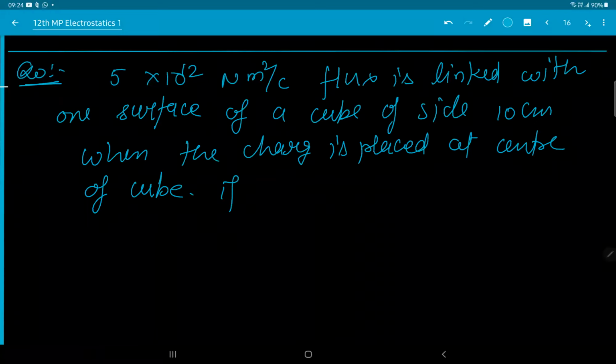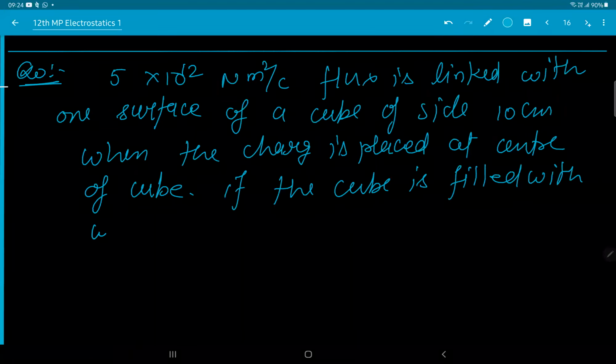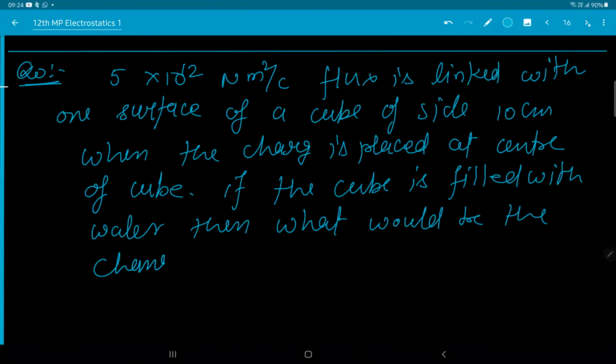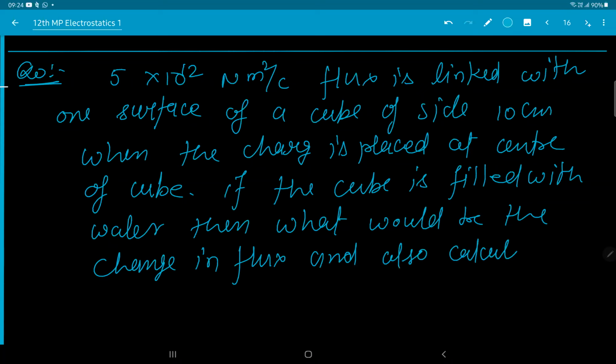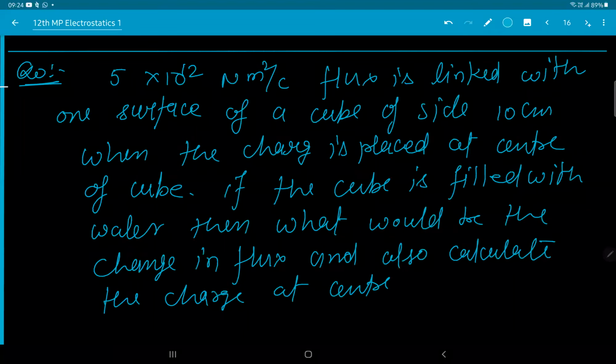If epsilon naught is given, and if the cube is filled with water, then what would be the change in flux, and also calculate the charge at center of cube. Okay, so we are going to solve this question.